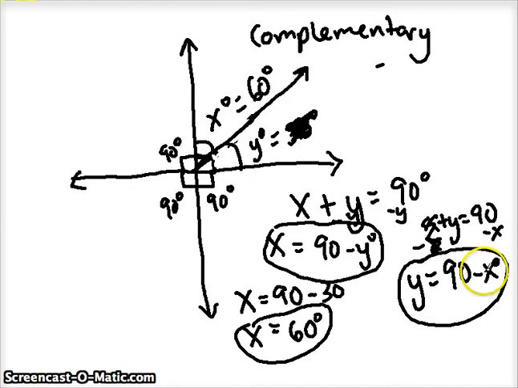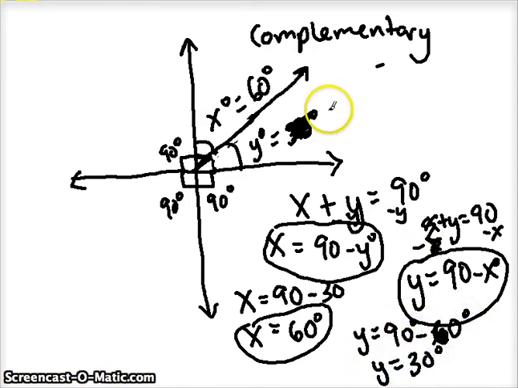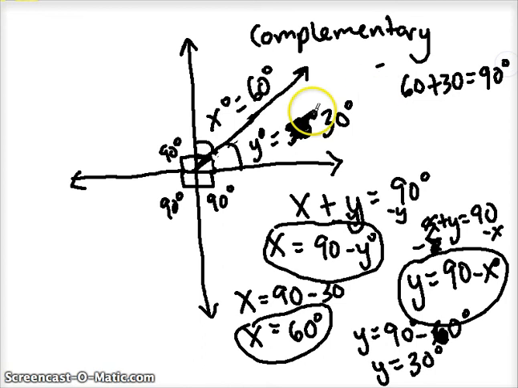Well, I would plug that in for this X and solve for Y. So Y is 90 minus whatever X is, and X was 60, so Y is 30. And I can check it: 60 plus 30 does in fact equal 90. So these two angles together add up to a total of 90 degrees. Checks out.